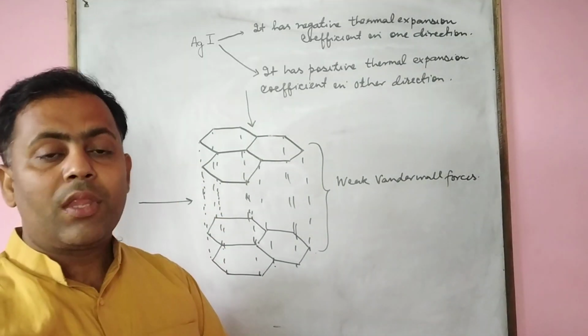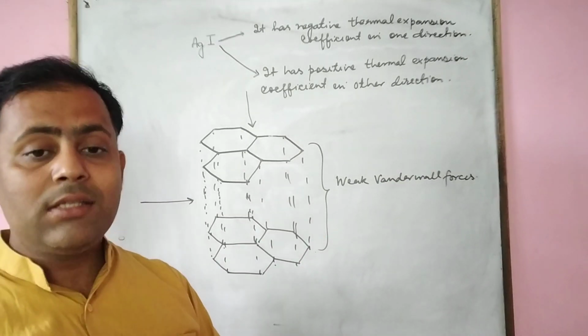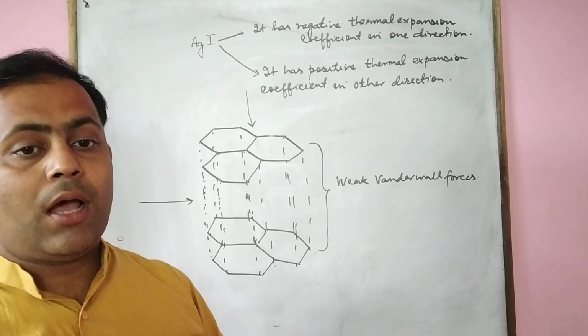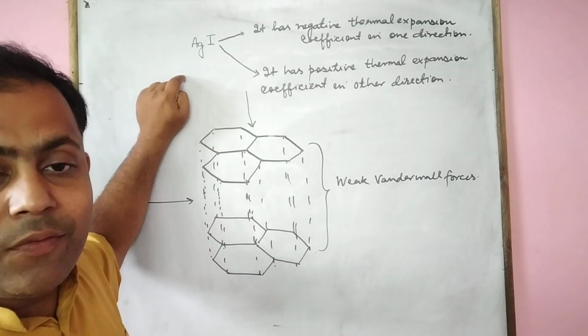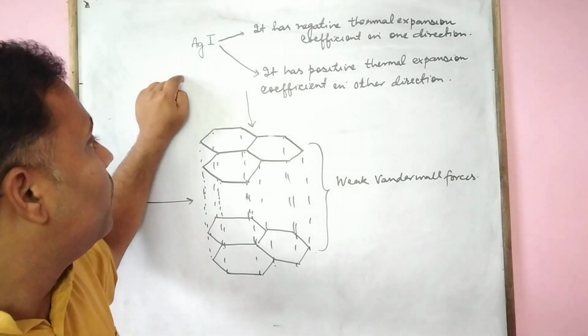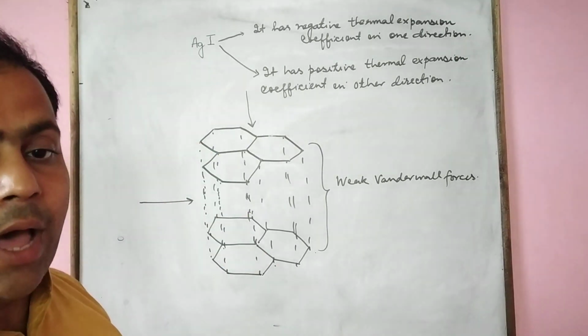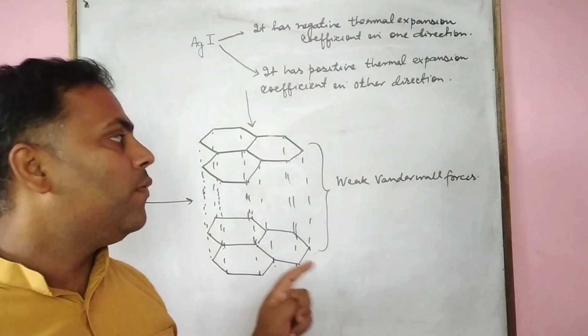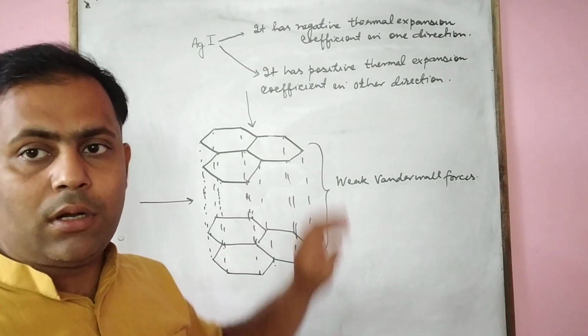I repeat, if the property is the same in different directions, the substance is said to be isotropic. If the property changes in different directions, it is said to be anisotropic. The examples of isotropic solids are amorphous solids, whereas the examples of anisotropic solids are crystalline solids.